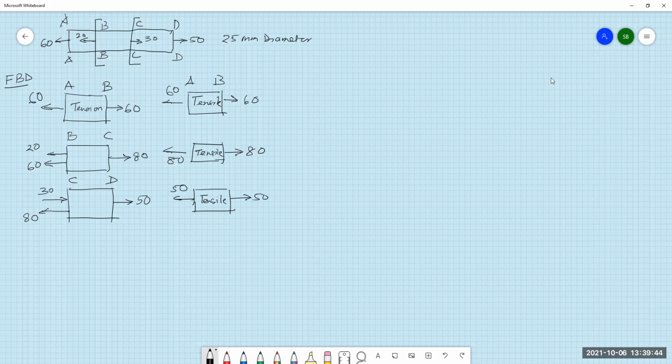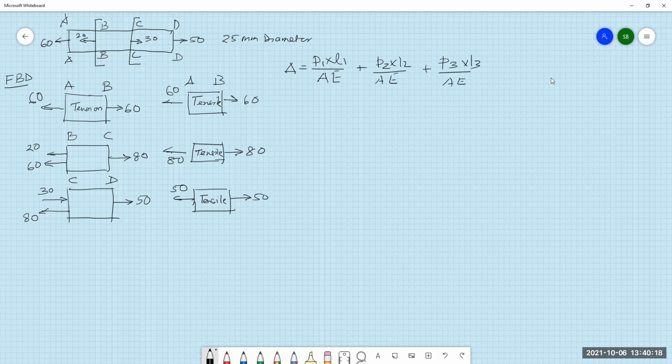So for total elongation we have to use the formula delta equals P1 multiplied by L1 divided by A into E, plus P2 multiplied by L2 divided by A into E, plus P3 multiplied by L3 divided by A into E. As it is of the same cross section, A will not change, and it's of the same raw material, E will not change.